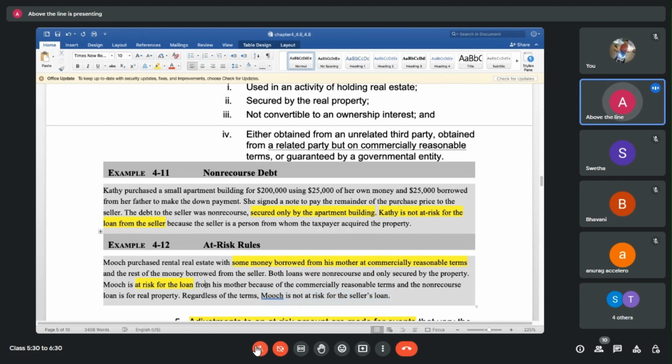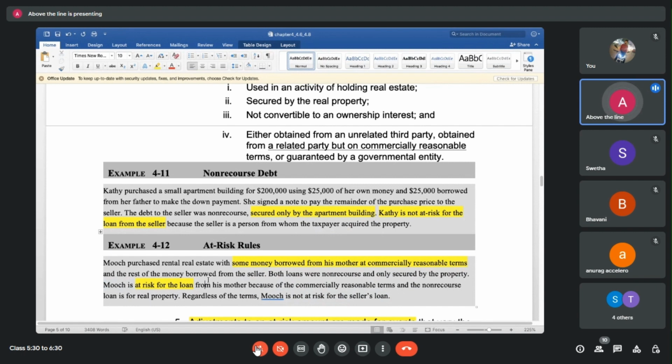We have to understand that the property has completely secured the loan. So for a third party, that's not a problem at all. But when the money is coming from a related person on commercially reasonable terms, again, the person is at risk for that loan.